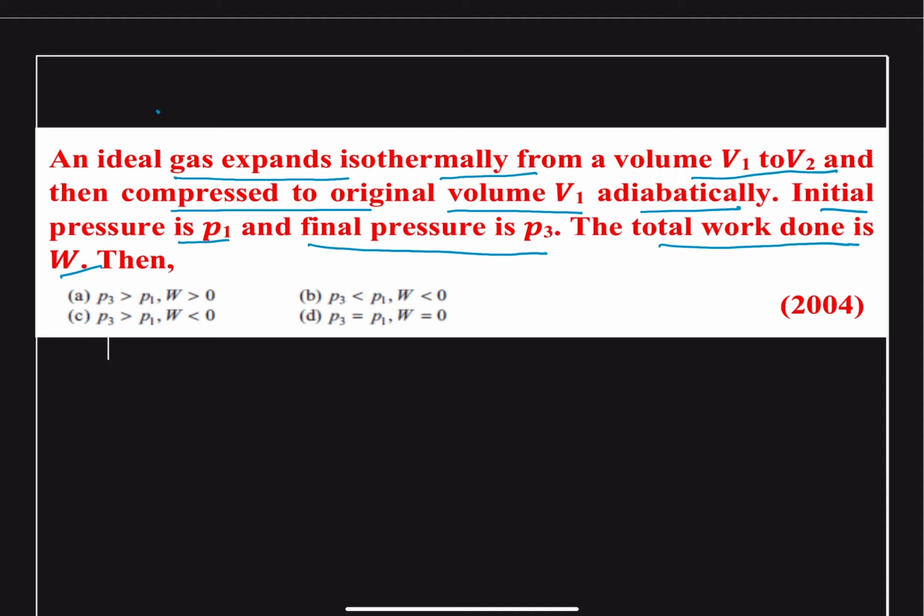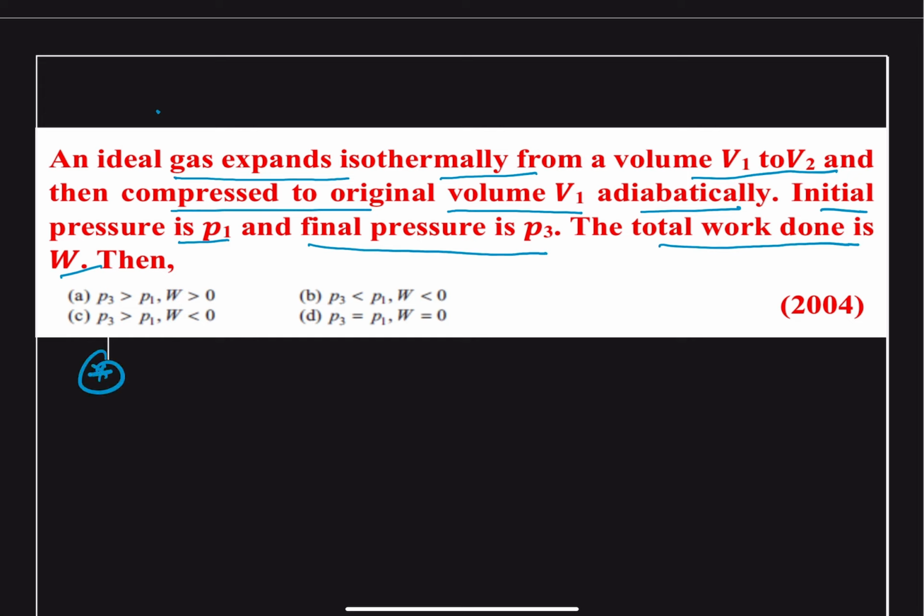So here are two processes. One is isothermal expansion, from volume V1 to V2, and the second one is adiabatic compression from volume V2 back to V1. So we start from the isothermal process.